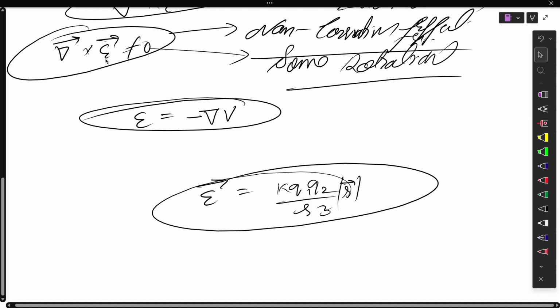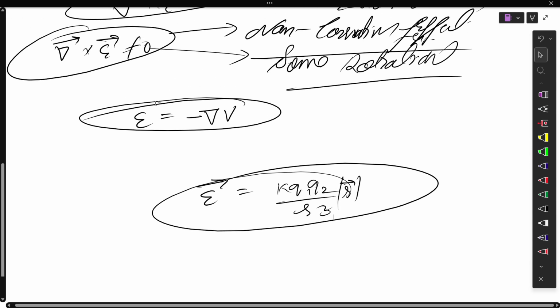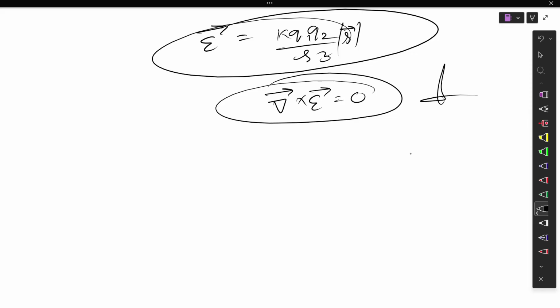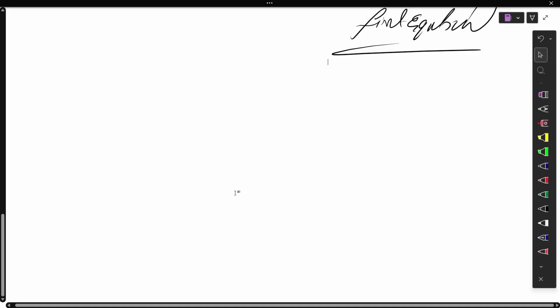It also says from this definition that it does not cause any rotational effect to that paddle. The curl is equivalent to zero, which is nothing else but Maxwell's first equation, right?